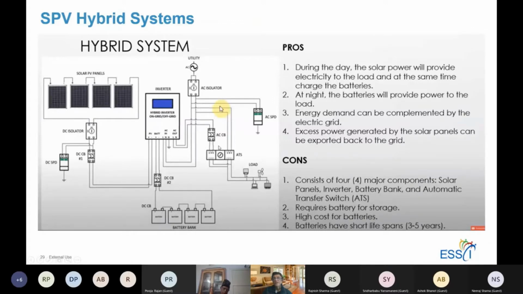Okay, now this ATS can actually be built into the hybrid inverter also in some hybrid inverters. What the ATS does is it gives the logic by which this external load is going to get the power. It will say that my first preference for the power is going to be from the battery.